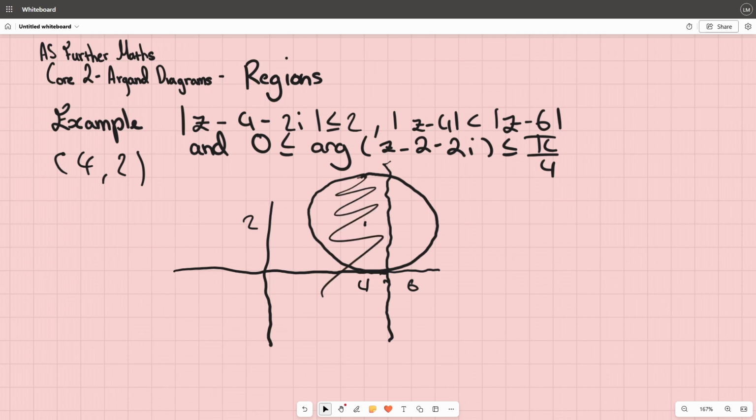And then our final bit, where we have 0 is less than or equal to the argument of z minus 2 minus 2i, which is less than or equal to pi over 4, and pi over 4 is like 45 degrees if we're talking degrees. So we have this line from 2 minus 2i, so that's (2, 2) here.